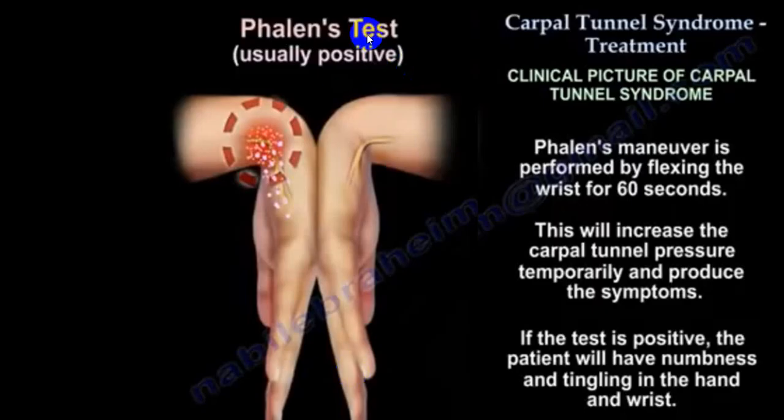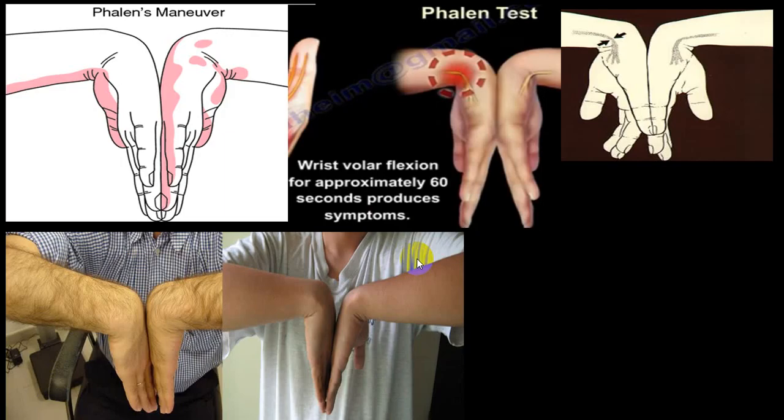In Phalen's test, usually the Phalen maneuver is performed by flexing the wrist to 60 degrees. This is 60 degrees. This will increase the carpal tunnel pressure temporarily and produce the symptoms. If this test is positive, the patient will have numbness and tingling in the hand and wrist. That is called Phalen test positive, and it is in favor of carpal tunnel compression.